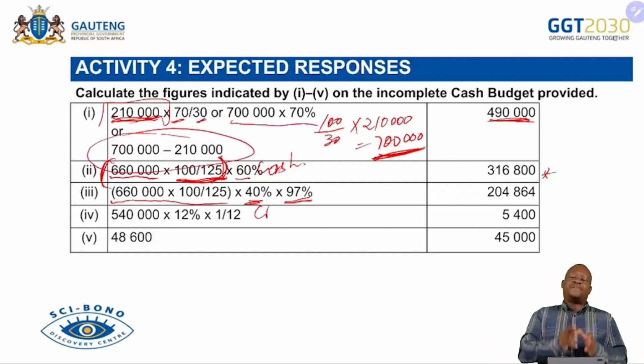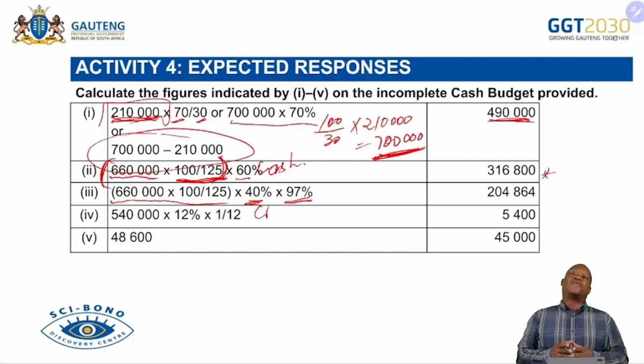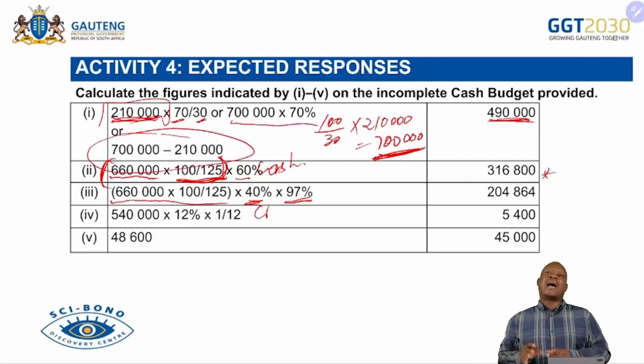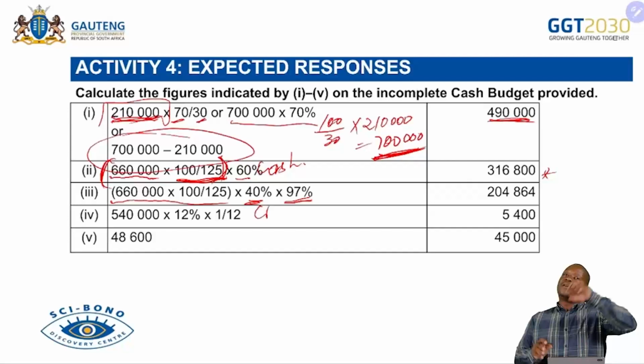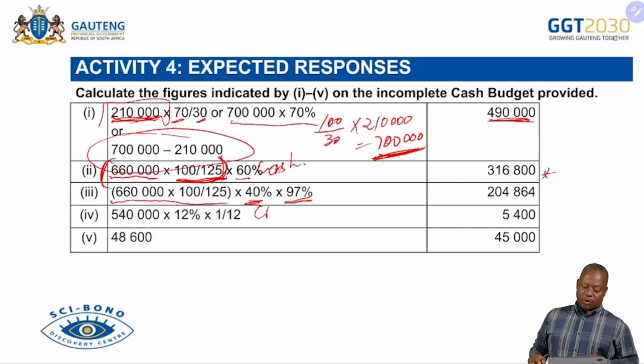Now, when you have that, you can find the credit purchases as well as the cash purchases. And if they are asking for a payment to credit purchases, remember, payments are not made for the credit purchases for this month, but for the previous months. So you work backwards and then you take it from there. And then you can build your answer the correct way.